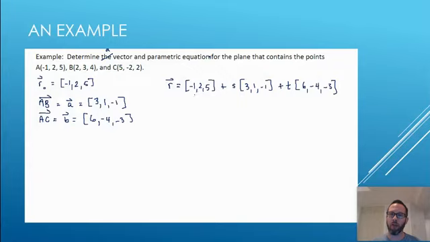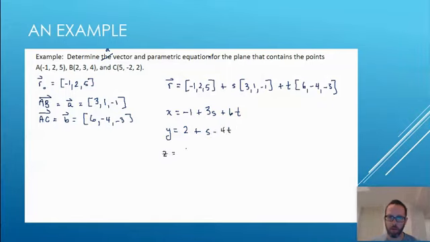Given that vector equation, and again, that's not unique. I could have chosen B or C for this initial point, and I could have used different combinations for these direction vectors. But using this vector equation, the parametric equations would be x equals -1 plus 3s plus 6t. y is 2 plus s minus 4t.